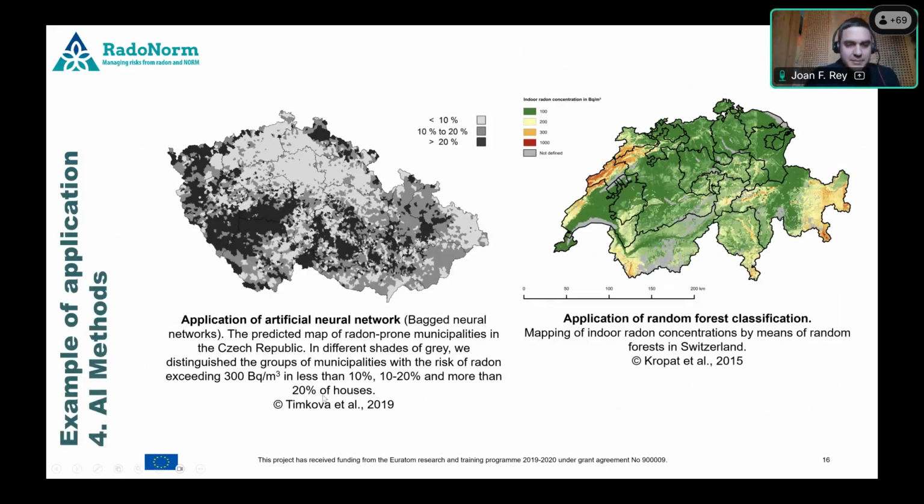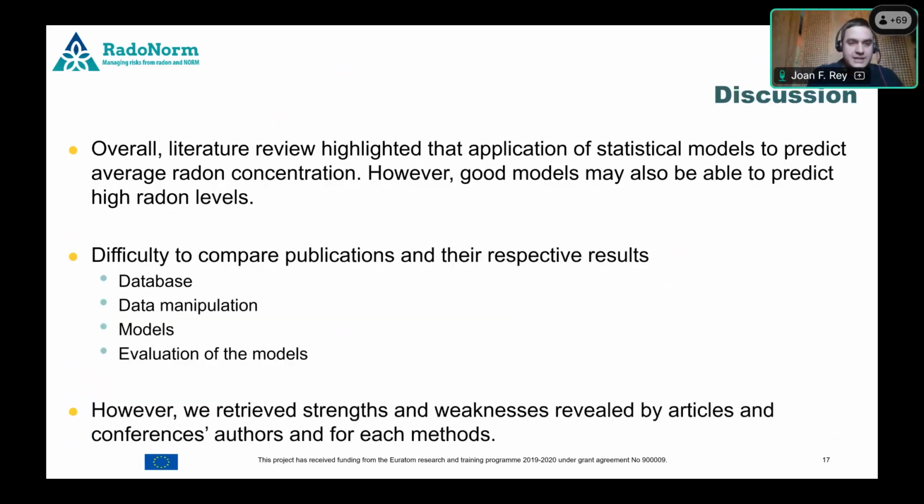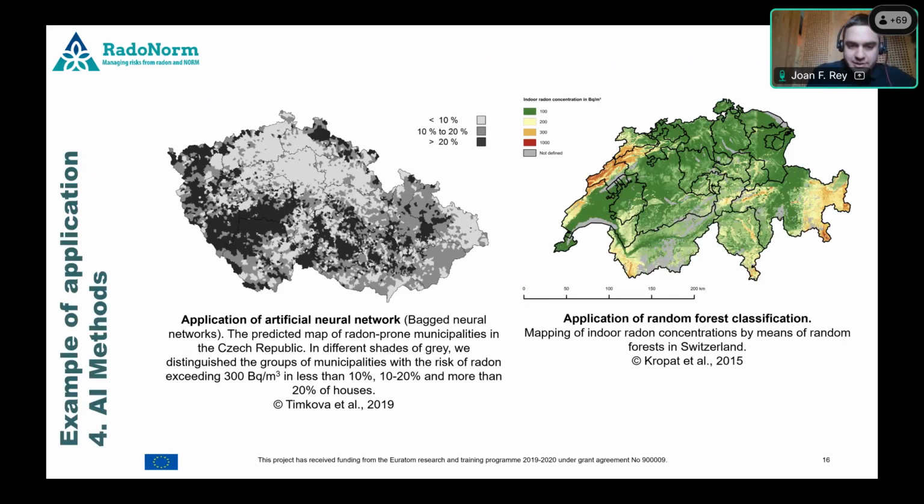The first one is the application of artificial neural networks. This is the predicted map of the radon-prone municipalities in Czech Republic for the whole territory. And we can see here, for example, in some areas, we have more than 20% of the buildings, of the houses in the municipality that are above the reference value of 300 becquerels per cubic meter.